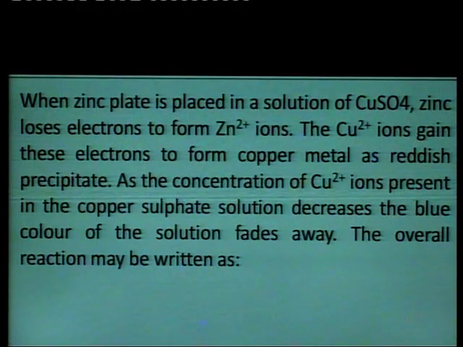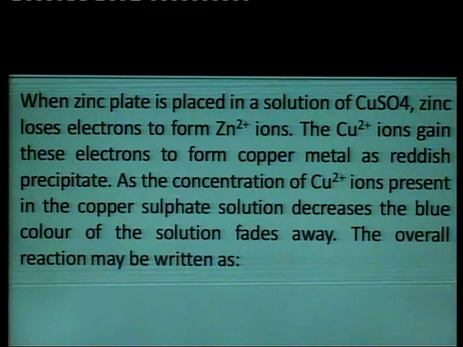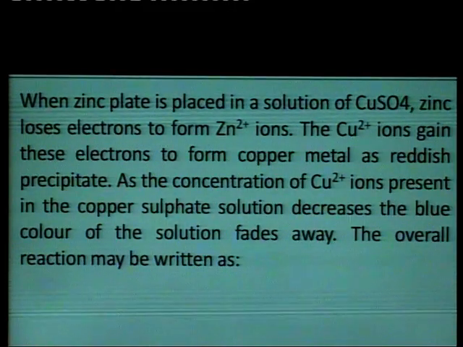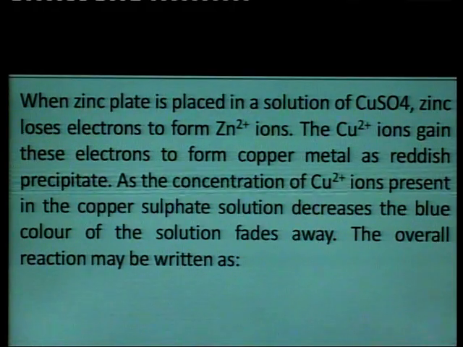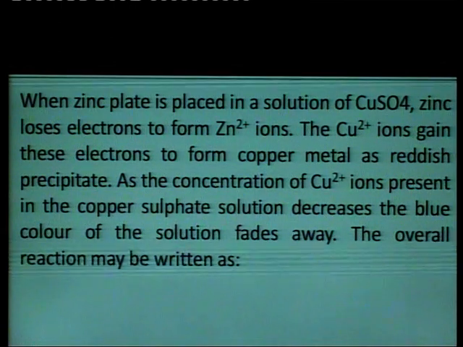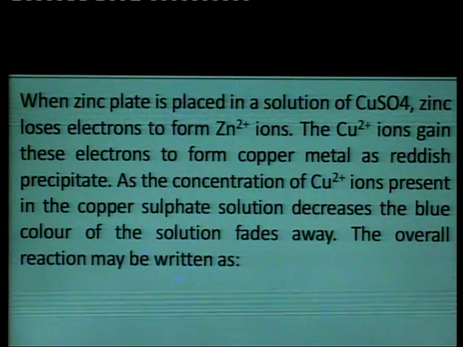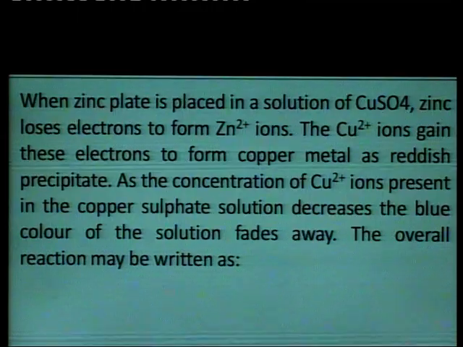So, the blue color of the solution is basically due to copper ions. Since more and more copper ions are changing into solid copper in the process of reduction, their concentration is decreasing. With a decrease in the concentration of the copper ions, the blue color of the solution fades. So, this was our third observation.